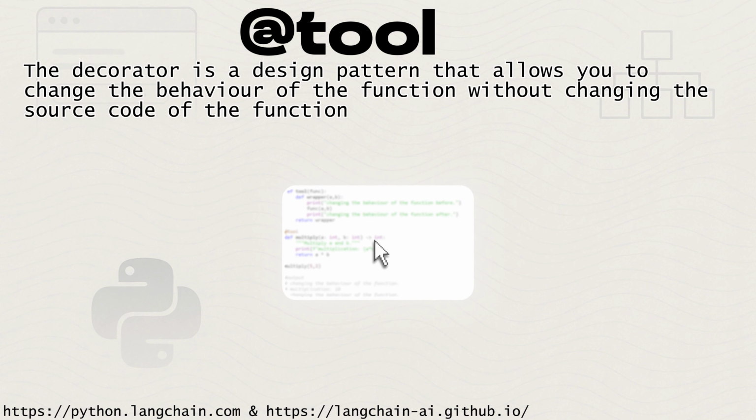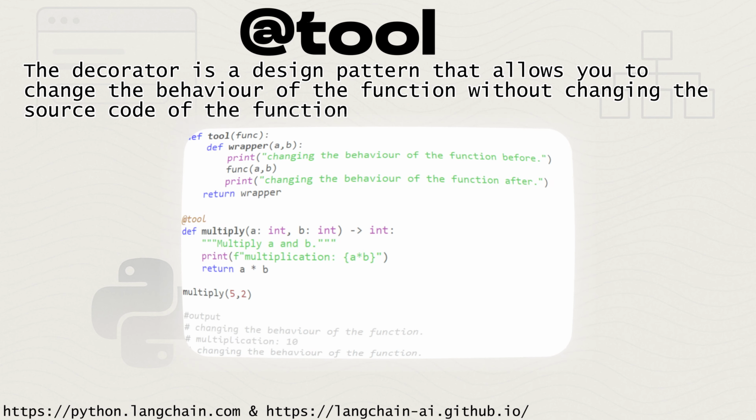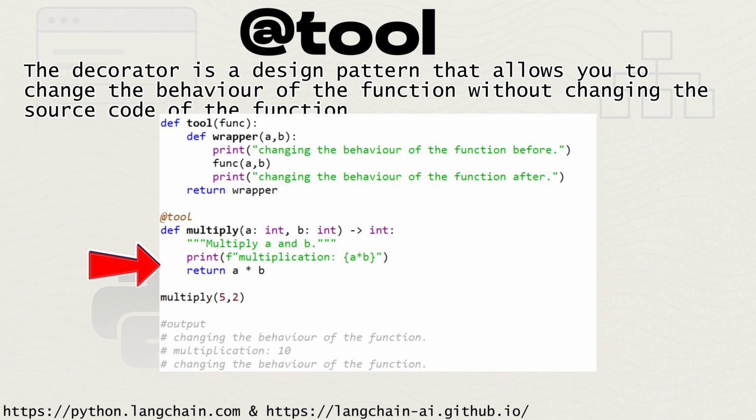Let's have a look at the following. I have the multiply function as it is. Then I've created a function called tool that takes a function as an argument. Within it, I have the wrapper where I've added additional code to change the behavior of the multiply function without actually changing its source code.